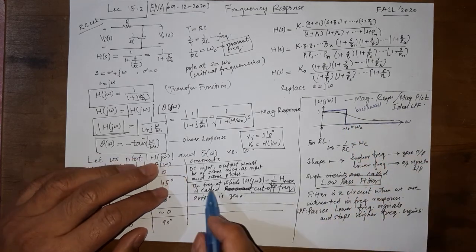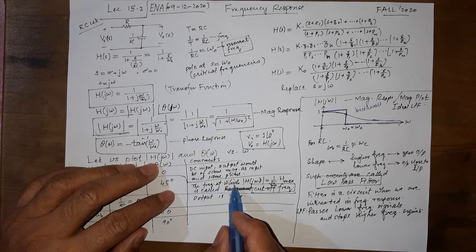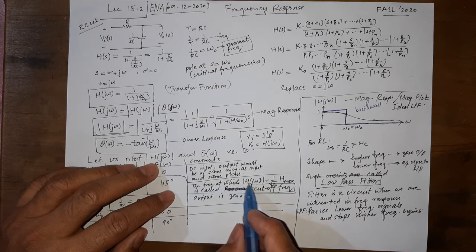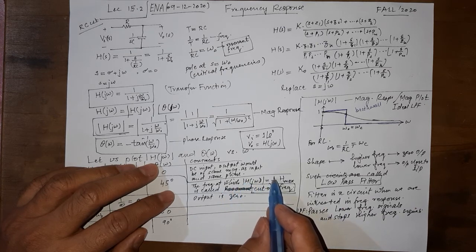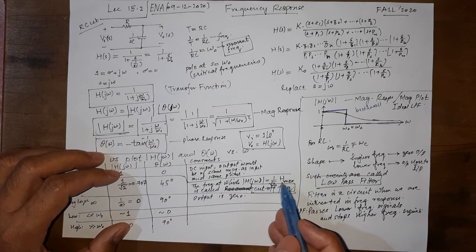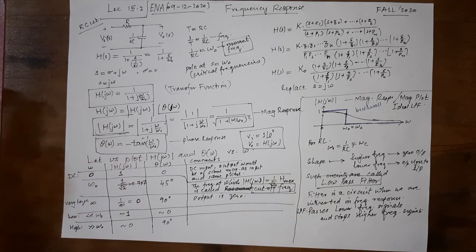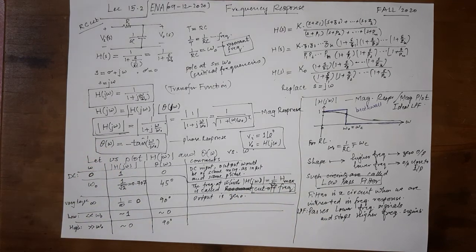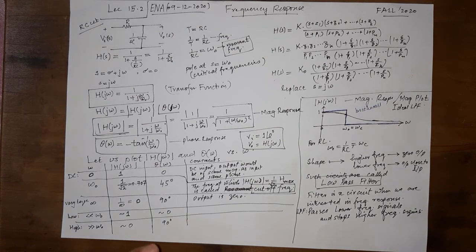By definition, the frequency at which the magnitude of the response is 1 by root 2, 0.707 times the maximum value of the response, is called the cutoff frequency.